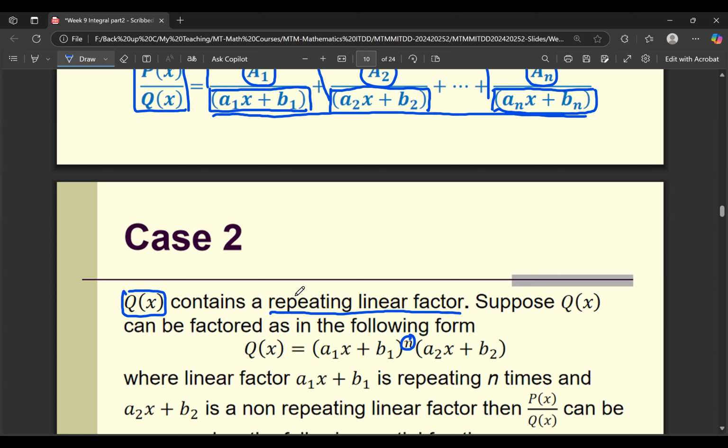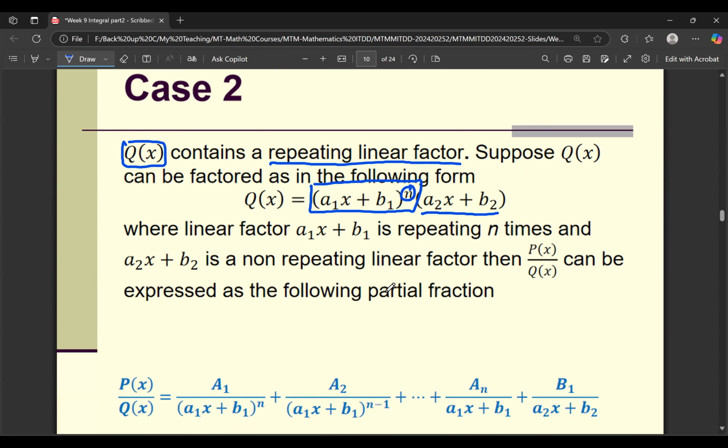This is called repeating linear factors. Maybe we combine it with other non-repeating linear factors, but our focus in this case is these factors. We say that the factor a1x plus b1 is repeating n times, and the others are non-repeating linear factors.